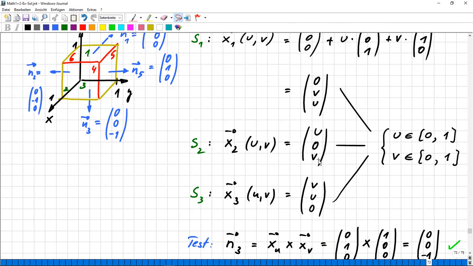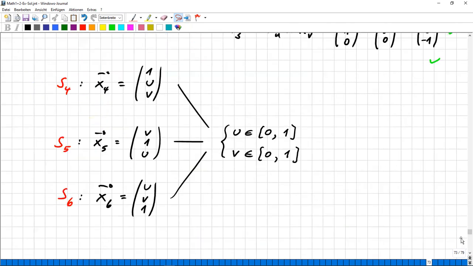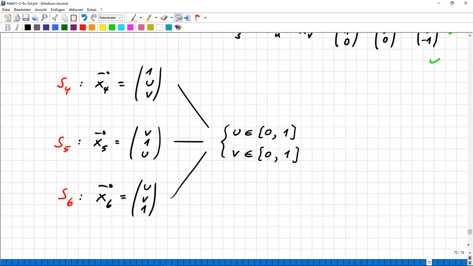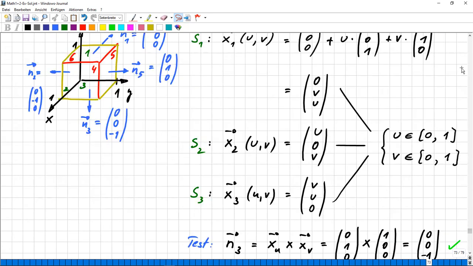So u and v are exchanged in order for the vector product to change its sign, and 0 is replaced by 1. So we get (v, 1, u), and this is what you see here for S5. Then the last one, just replace (v, u, 0) with (u, v, 1), and that's our radius vector function for the 6th face of our cube, which is the top face.